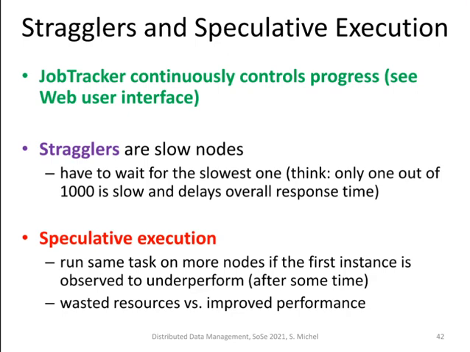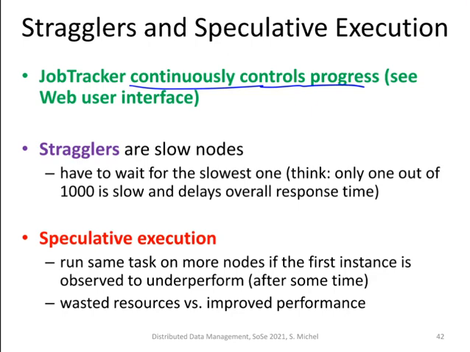And in order to handle this, there can also be a restart of nodes which were slow, and the job tracker is keeping track of this. So it continuously controls the progress and then is able to restart so-called stragglers.